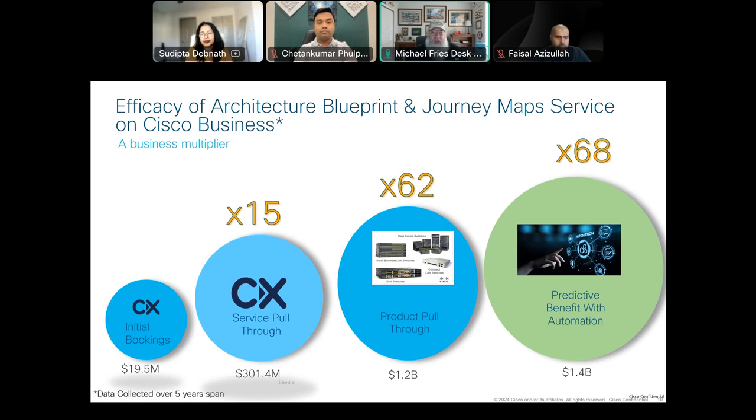And there again, this is actual data that was captured over a period of 5 years. And then from a product standpoint, we'll see a 6.2x business multiplier, and then leveraging the predictive automation, we'll actually see a 68x multiplier.